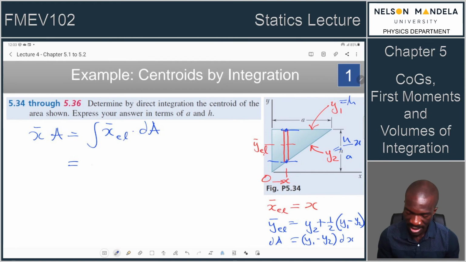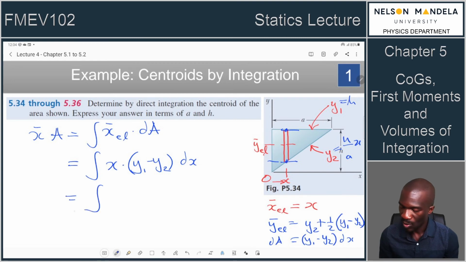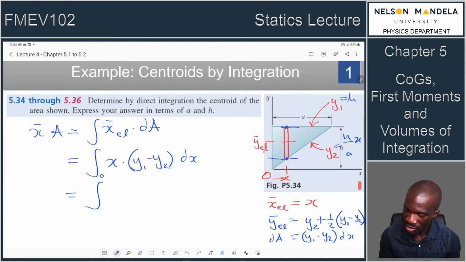What is x element? x element is x according to the vertical strip. What is dA? dA is the function y1 minus y2 dx. So what are the limits? The limits are from the origin with respect to x, up to a.